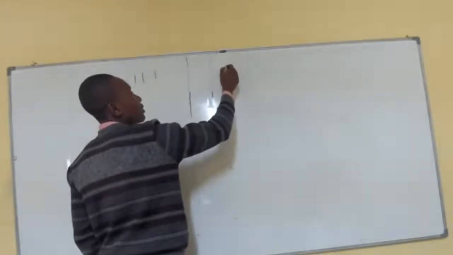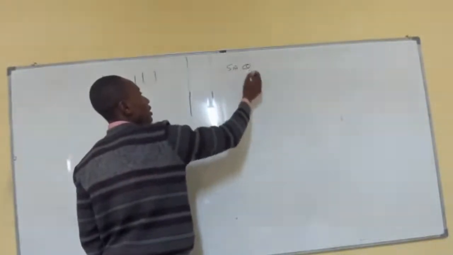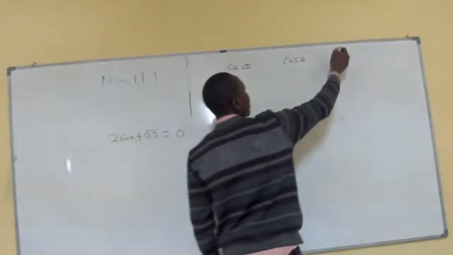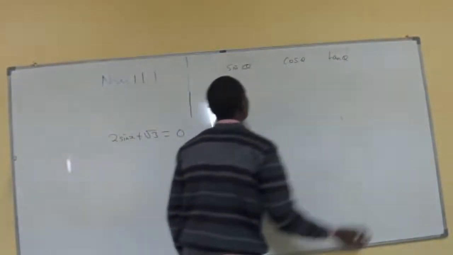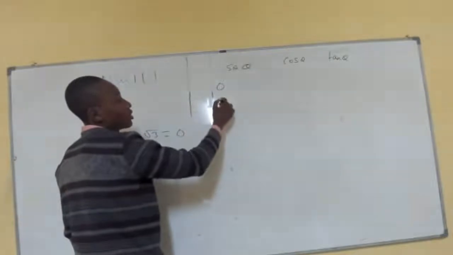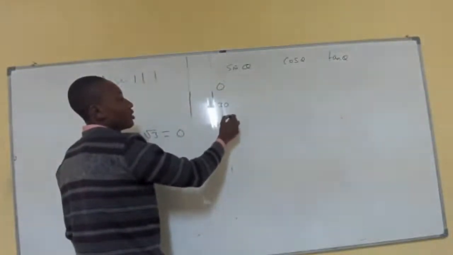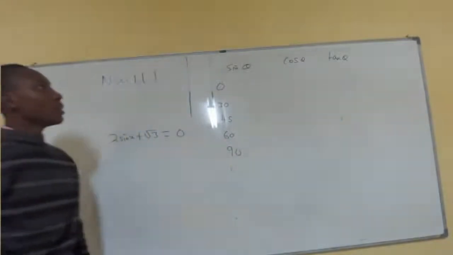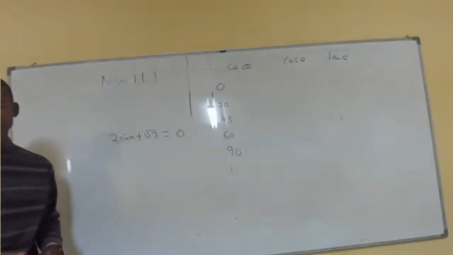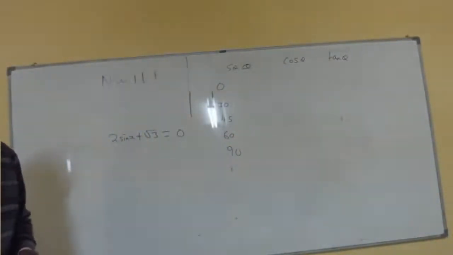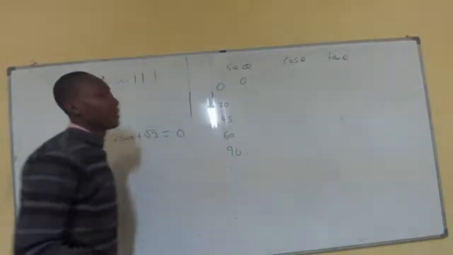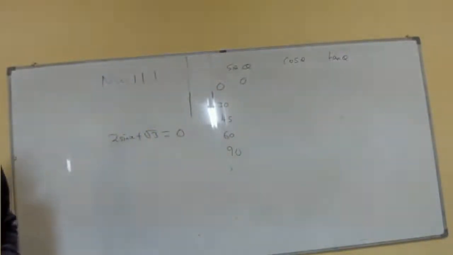We can say sine theta, cos theta, for 0, 30, 45, 60, and 90. Sine 0 is basically 0.